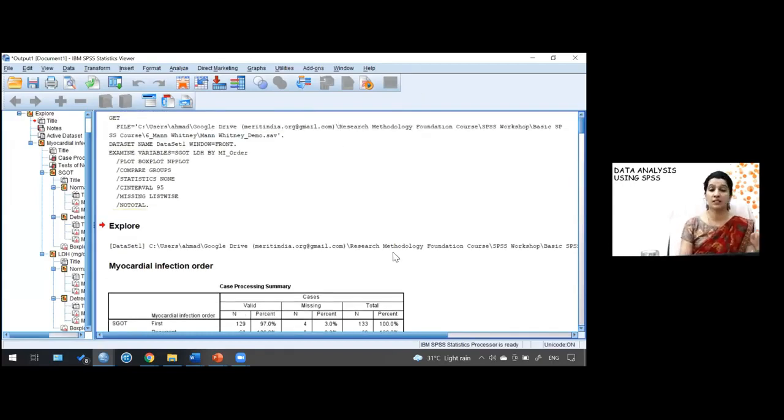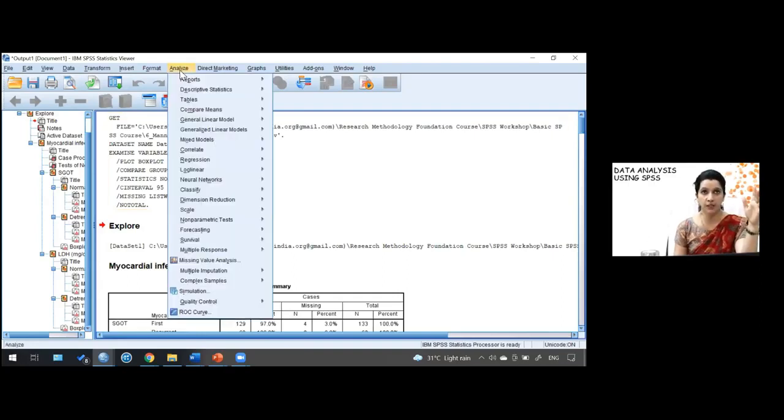The commands for non-parametric are a little bit different, so just see it patiently, because we don't go by the comparison of mean. Rather, there is an option of non-parametric tests. We go into the non-parametric tests and click on independent samples because it is an independent sample.